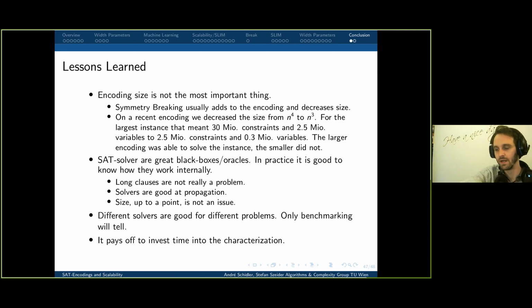And then for MaxSAT, you encode that it should try to minimize the cardinality over all these different cardinality constraints.